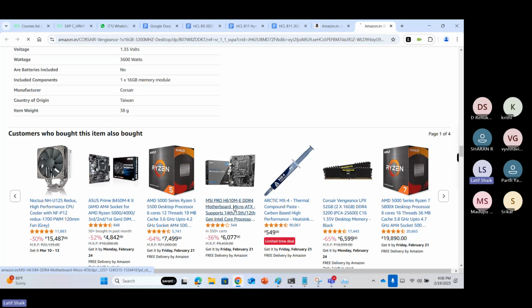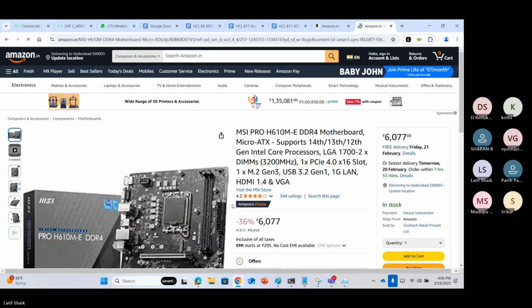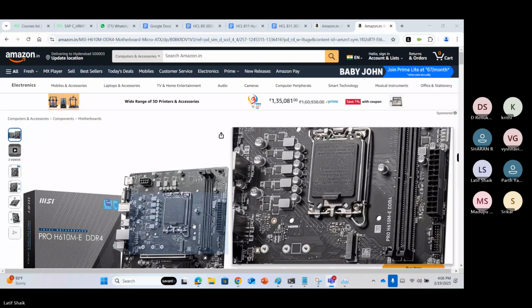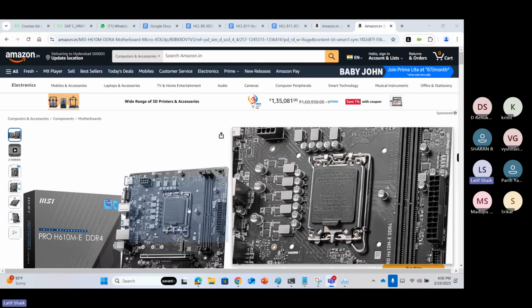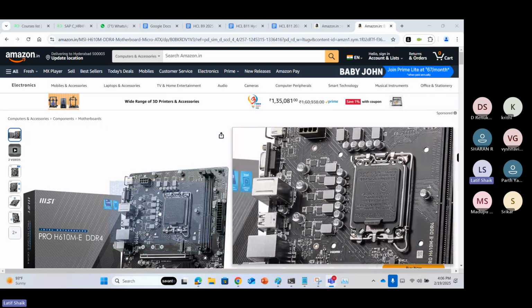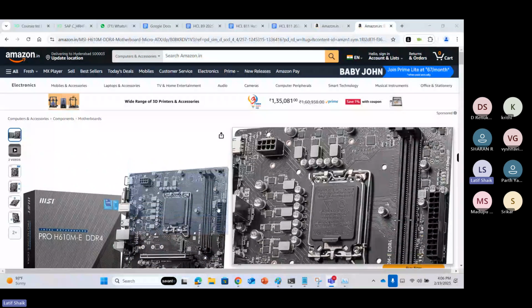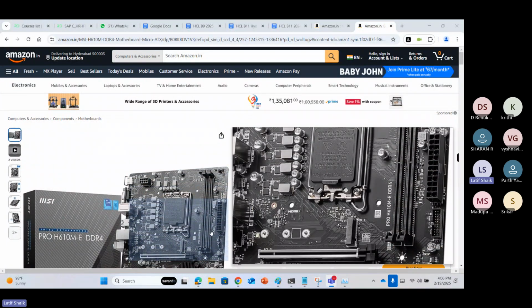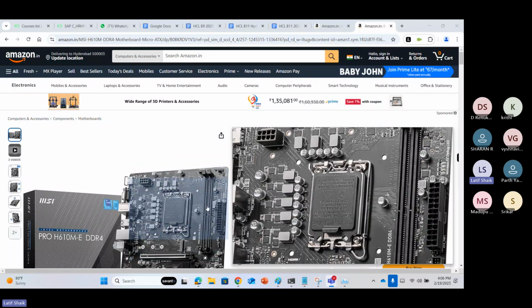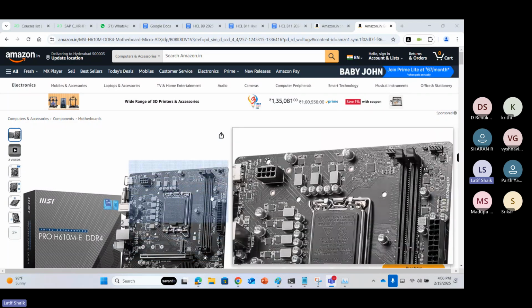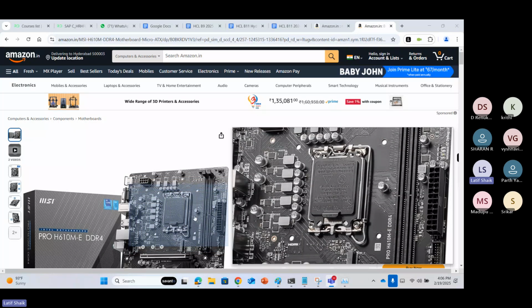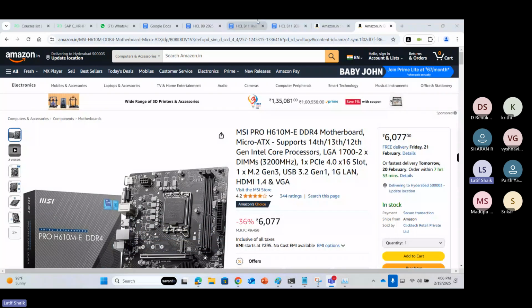For example, you take this motherboard. It contains 2 RAM slots. This is the processor socket, the square one, and these bars are RAM slots. Okay, RAM slots supporting DDR4. If I want to insert DDR3 or DDR5 in it, it won't support it. It supports only DDR4. So slot type is also an important one.